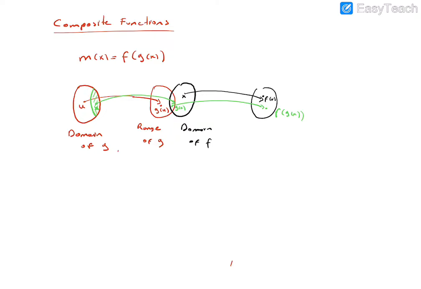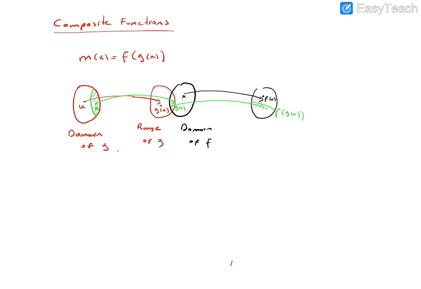So, the set of all points in this part of the domain of g whose image is in the intersection of the range of f and the domain of g, those points are the range of m.